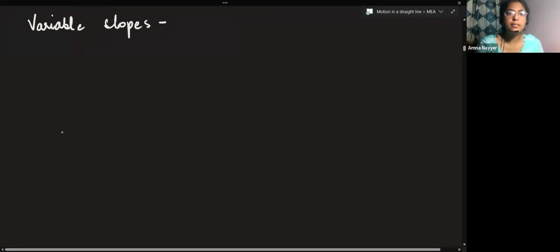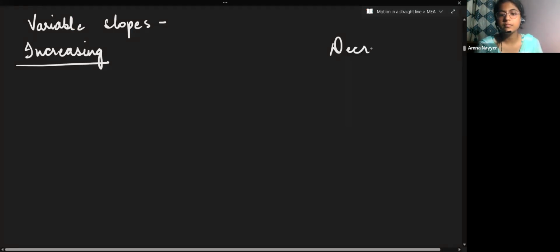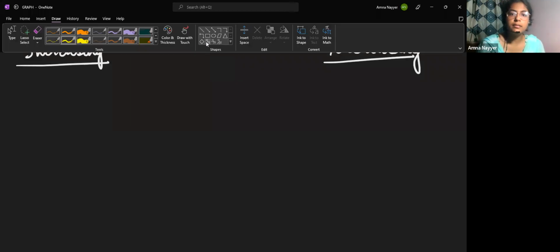Let's talk about increasing slope here, and let's talk about decreasing slope here. Increasing slope and decreasing slope. Fine. So first, let me draw the graphs and you'll be able to understand it.